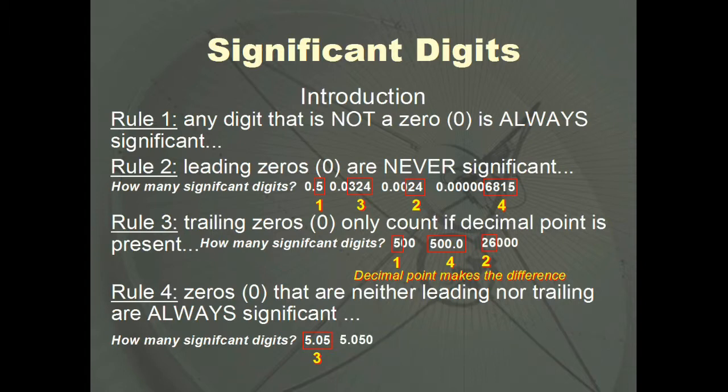What about 5.050? Well, a decimal is there, and as soon as a decimal shows up, the zeros are all significant. Here you have it, 4 of them. Again, a decimal point makes a difference. What about 30,002?